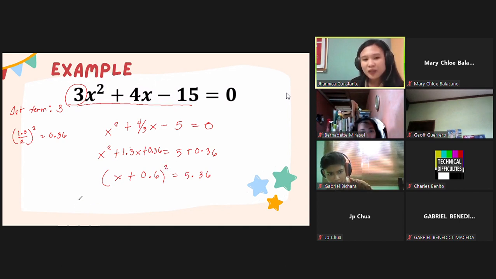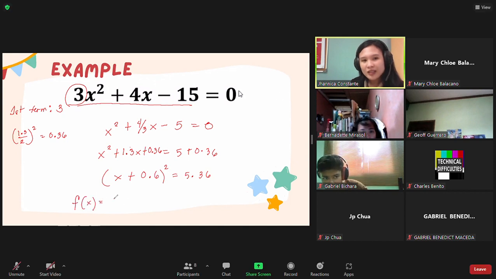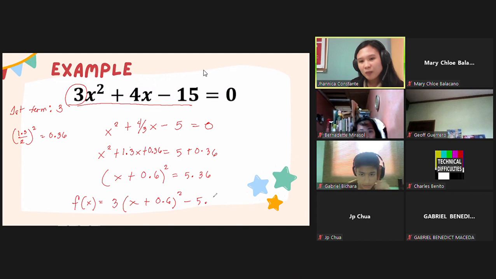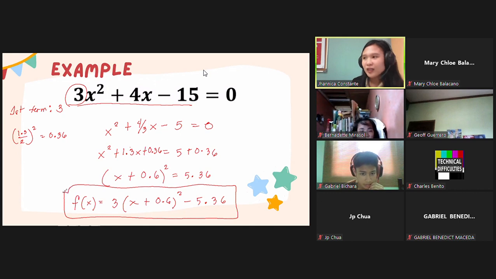So the vertex form of our function is 3 times x plus 0.6 squared minus 5.36. That is the vertex form of our quadratic function.